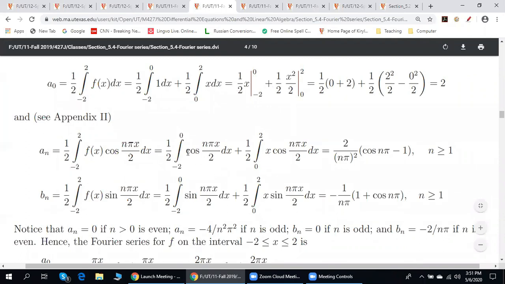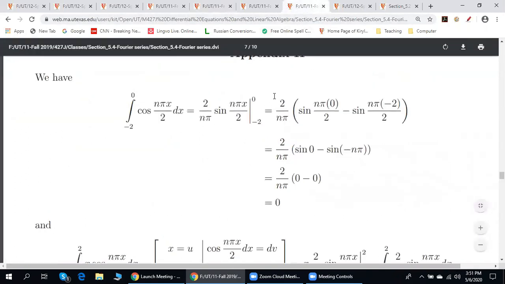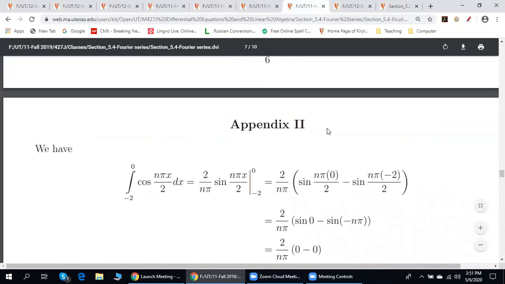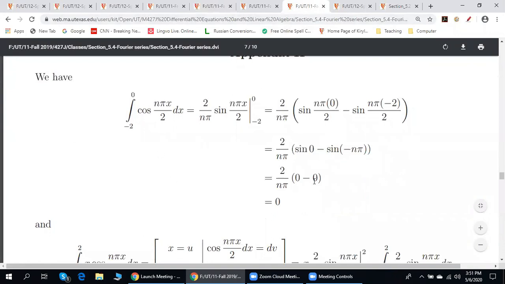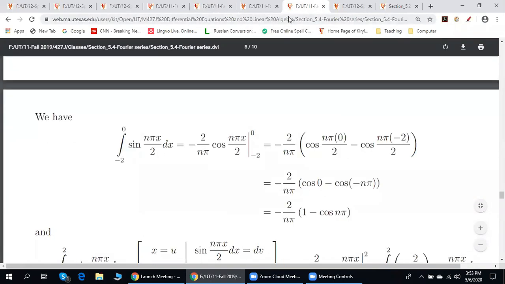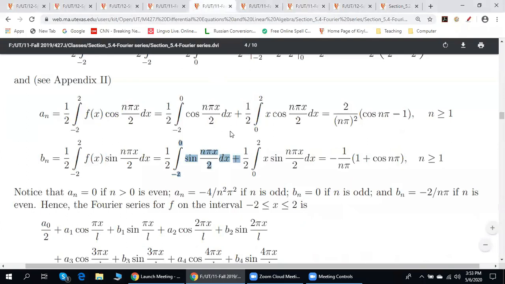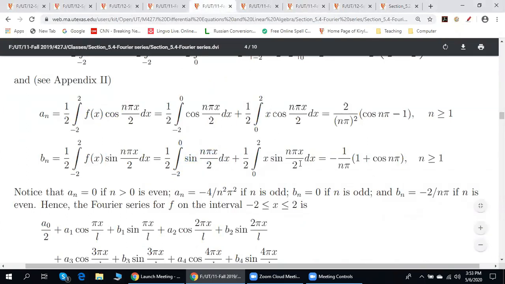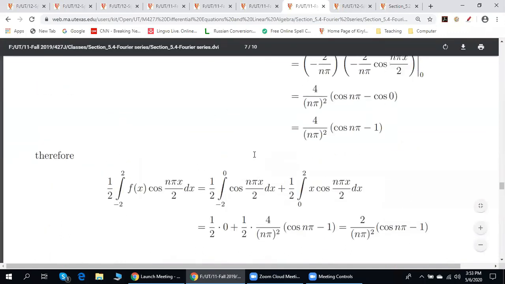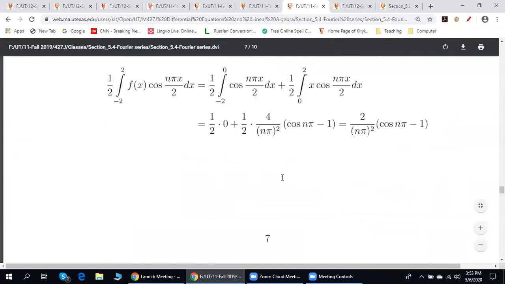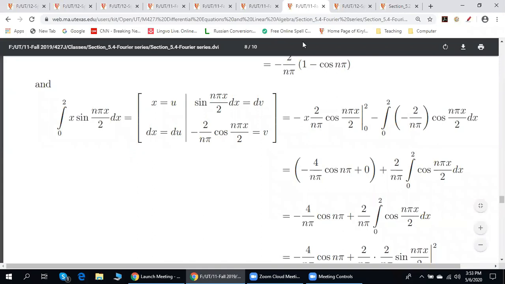In order to find the antiderivative of cosine and the antiderivative of sine, it's written in appendix 2. We use u substitution. However, in order to find these two integrals, we apply integration by parts. Work is here and work is here.